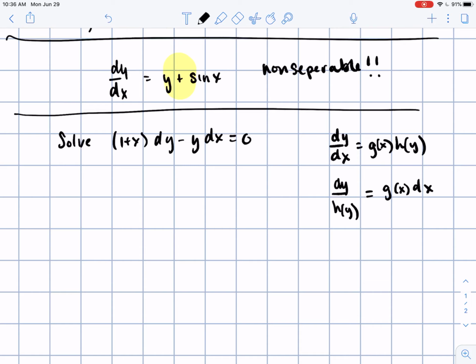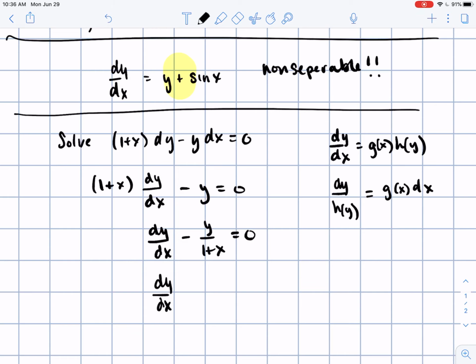And then we know we can integrate from there. So what I want to do is divide by dx, and also divide by 1 plus x. All right, so now you do have it.